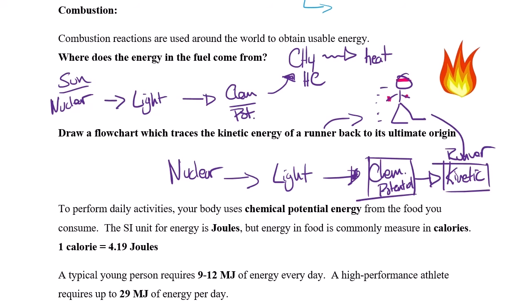And so you see that whether it's your furnace or whether it's you jogging, the ultimate source of the energy in both of those cases is the sun. And for almost all types of energy we see on planet Earth, not all, but almost all, if we trace them back to their ultimate origin, we would get to the sun. And so really, in a roundabout way, your furnace is solar powered, right?